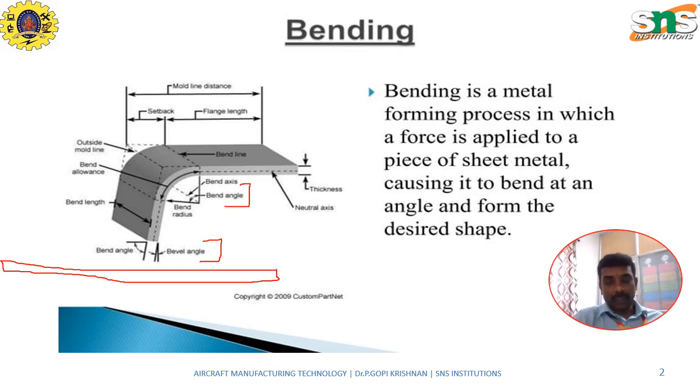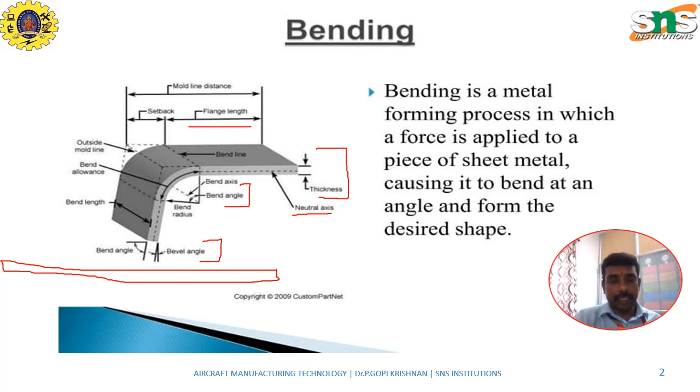There is going to be a plane which is neutral to the entire thickness, which is called the neutral axis, and the total thickness of the sheet metal lies from 0.006 inches to 6.35 mm, that is 0.25 inches. That material is taken as sheet metal, so the range lies between these two values. Before the starting of the bending operation, the starting line area is called the flange length.